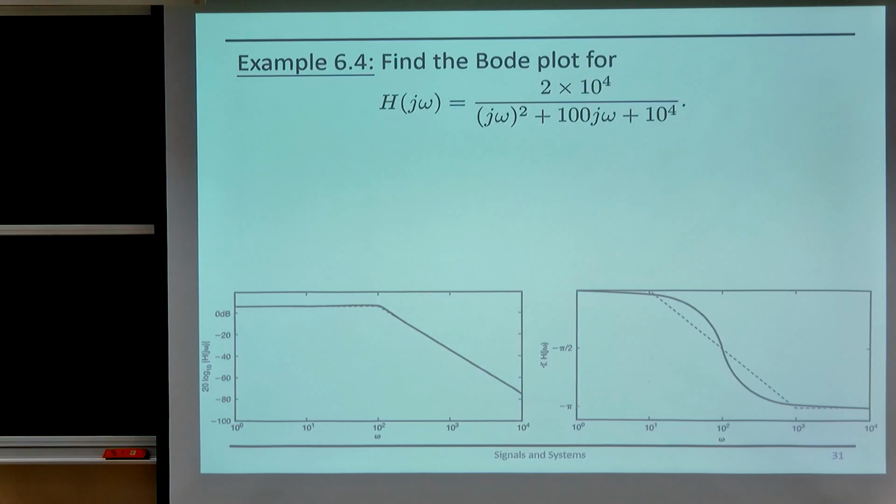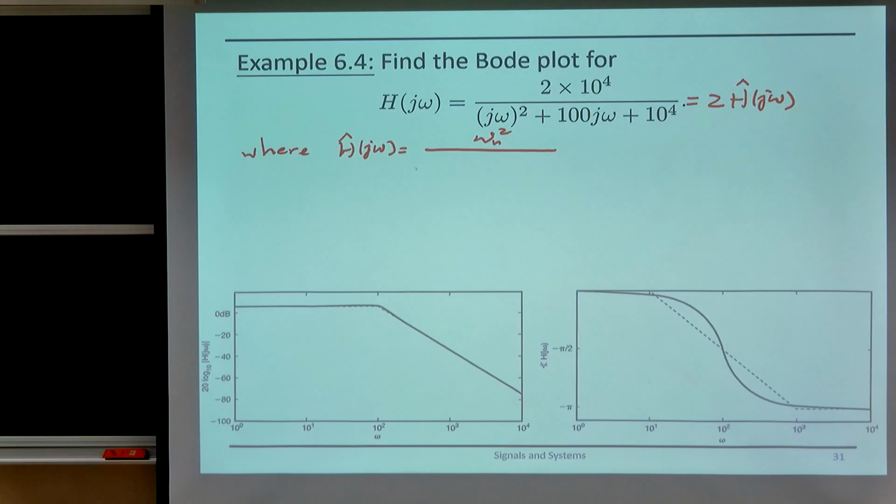Now notice that this system can be written as 2 times h hat j omega, where h hat j omega is omega n square over j omega square plus 2 zeta omega n j omega plus omega n square, with omega n equal to 100 and zeta equal to 1/2.